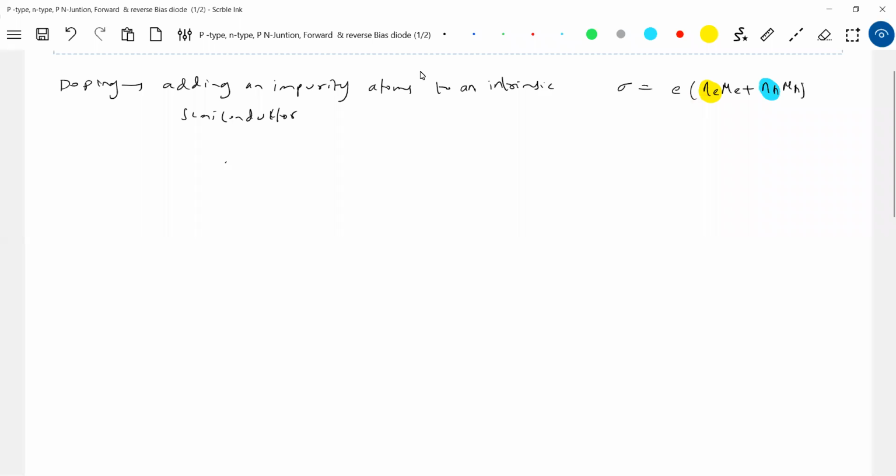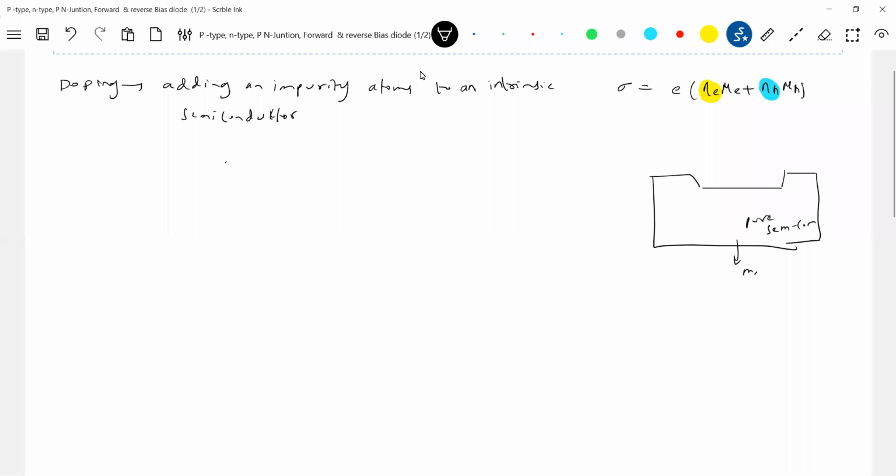For that, I'll take a pure semiconductor. What is the state? This will be the molten state, not solid state. So germanium or silicon, usually we prefer silicon, in the molten state.